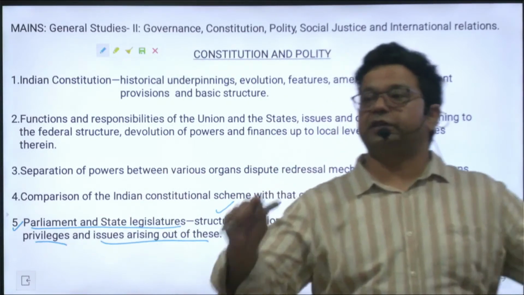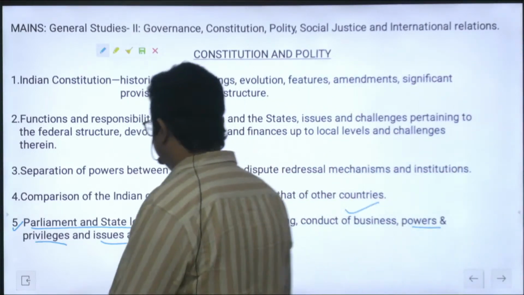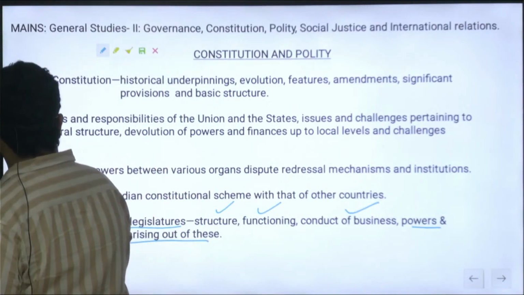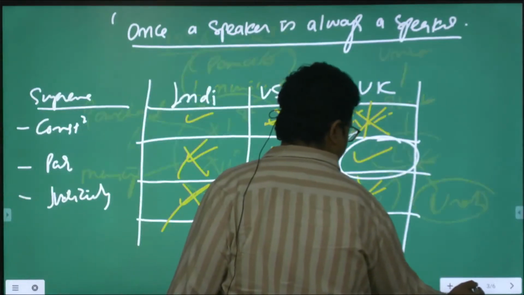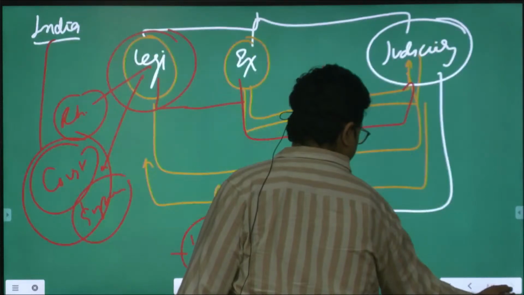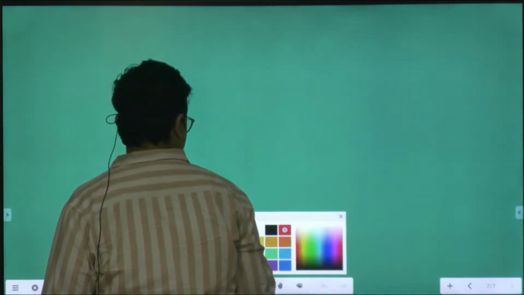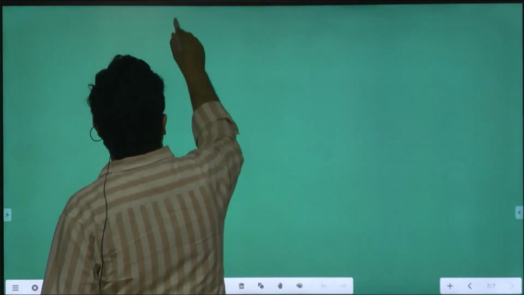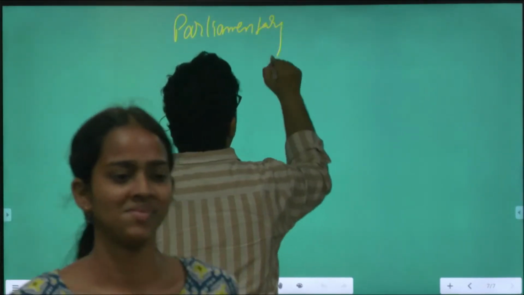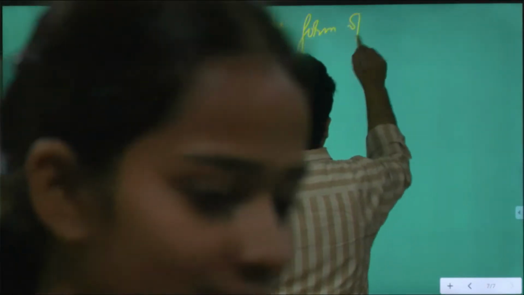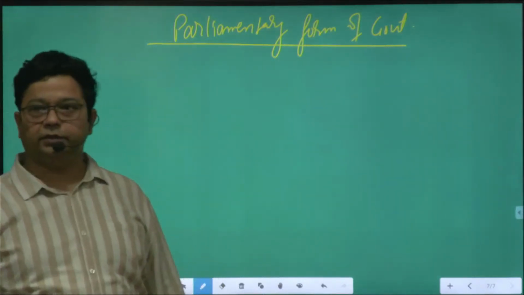Now when we need to understand the parliament and state legislature, as we know that we have a parliamentary form of government, yes or no? Parliamentary form of government, right?